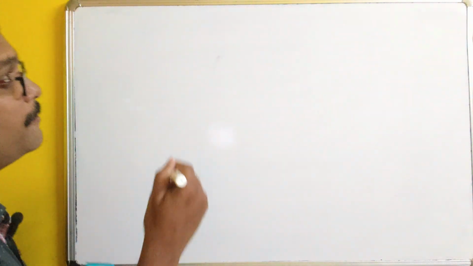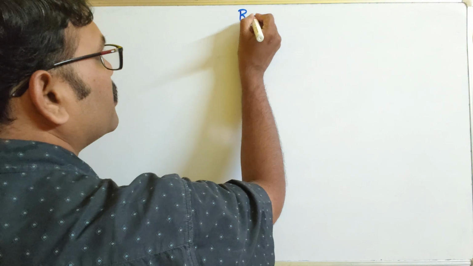So in today's session we'll discuss one more concept in discrete mathematics, that is introduction to recurrence relations. In our previous session we discussed the principle of inclusion and exclusion problems, and now without delay we'll start today's session, recurrence relations, the most important concept.